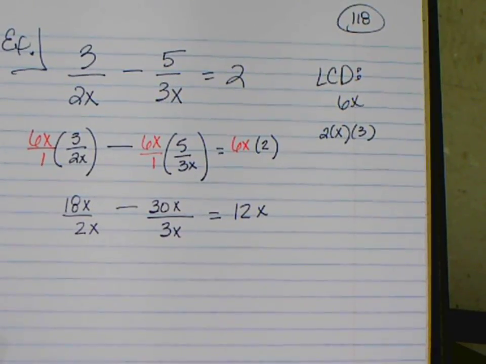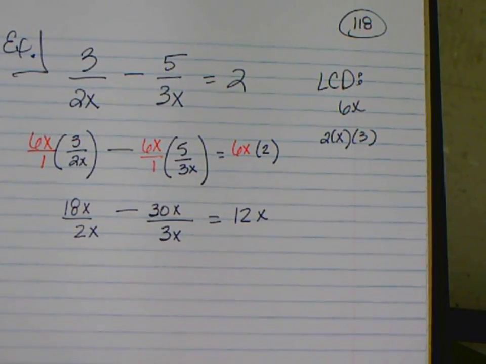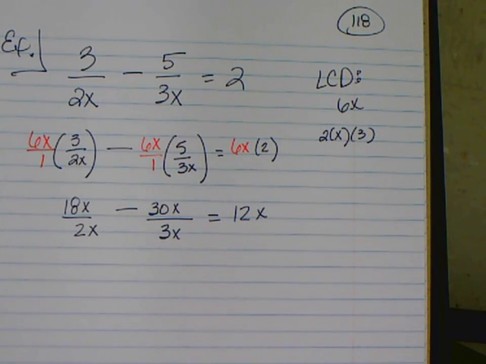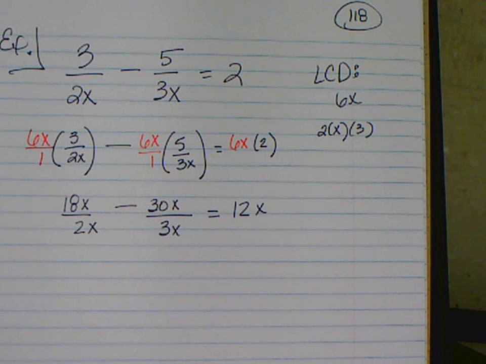But they're still fractions. Well, let's see if we can reduce. If you can't reduce, then something's wrong. You picked the wrong least common denominator. As long as your least common denominator is correct, or it's at least a common denominator, then you should be able to reduce and the fractions will go away.